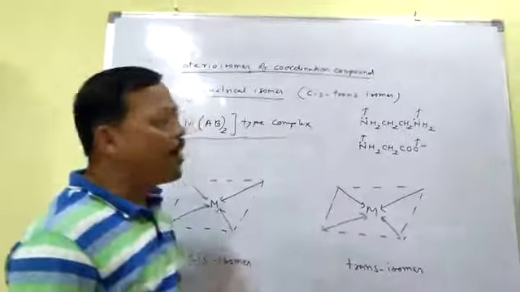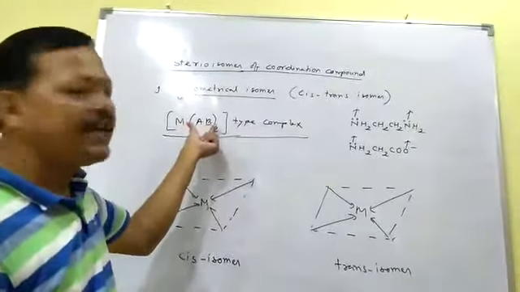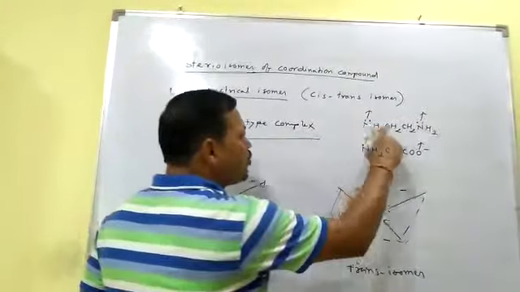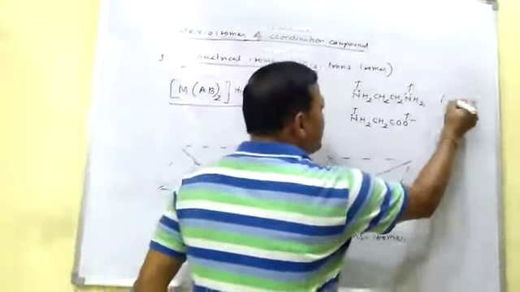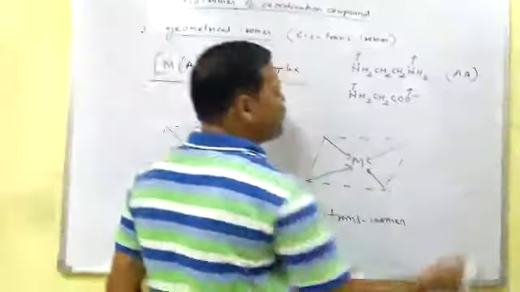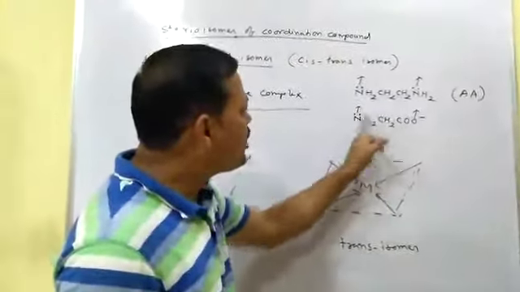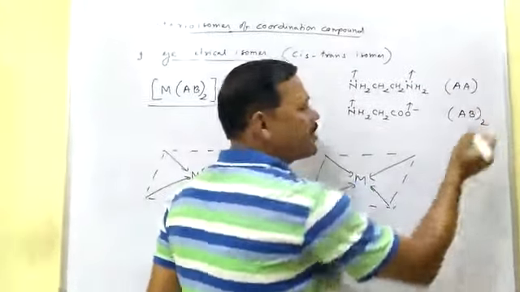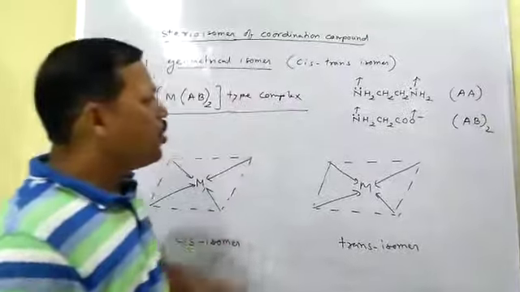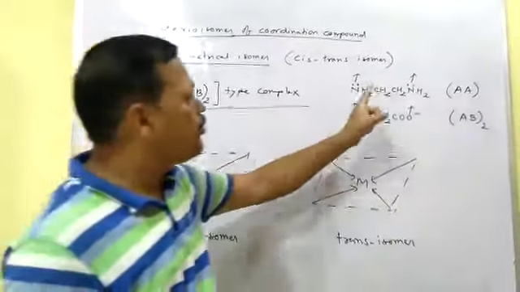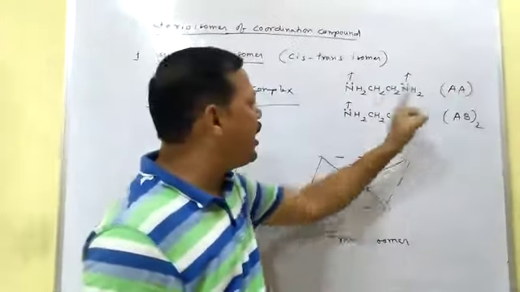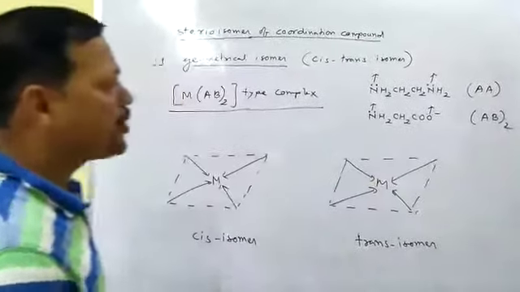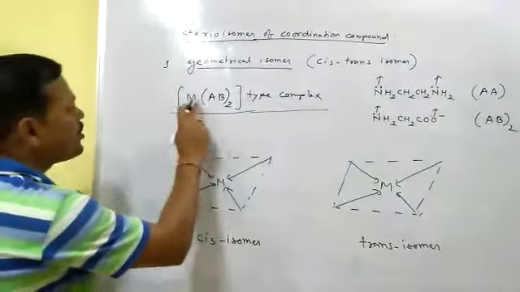So this type of bidentate ligand is represented in this way. If both donor atoms are the same, it is represented by AA type. And if the donor atoms are different, they are represented by AB type. So there are two types of bidentate ligand. Here I have considered AB.